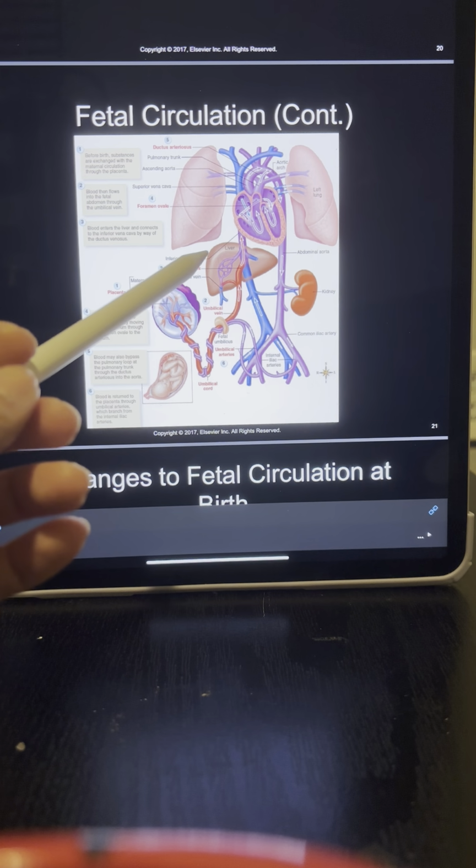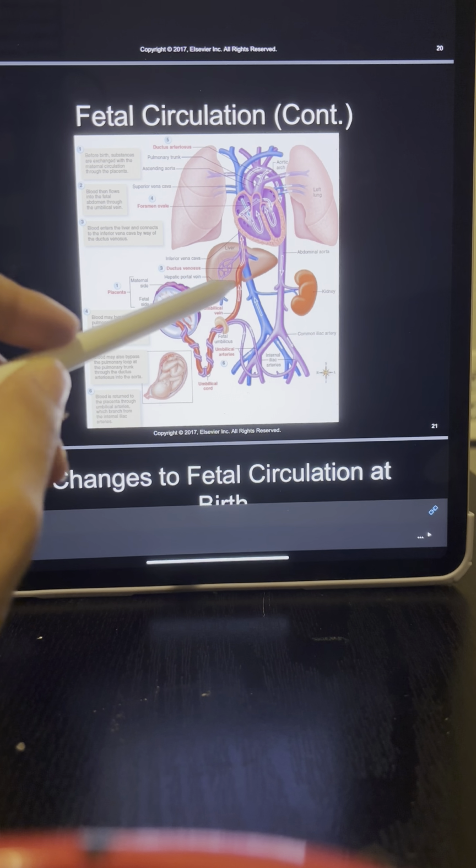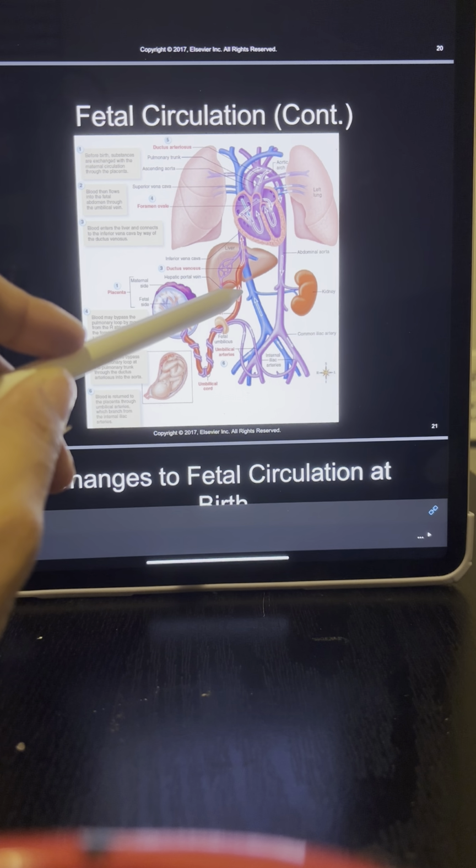Usually in the normal human, its blood flow is going to go through your hepatic portal system. But because the liver doesn't need that much blood, it's going to bypass the liver and shunt some of the blood over to this, which is your umbilical cord, and it's going to send blood upwards. So it's bypassing.